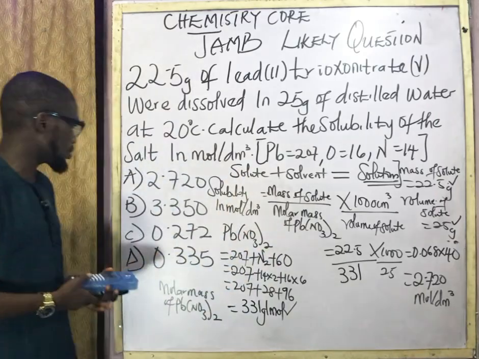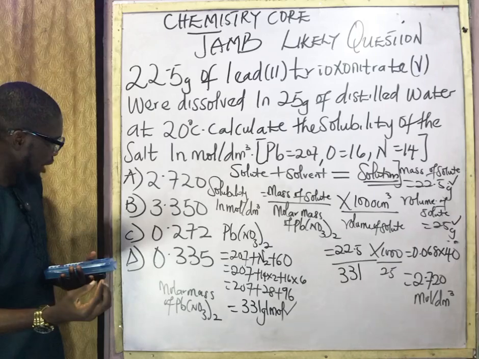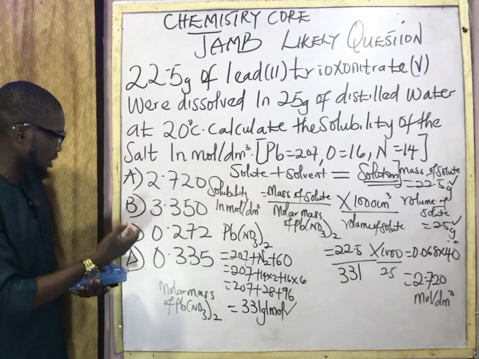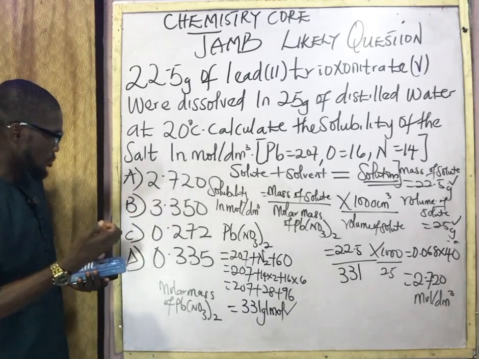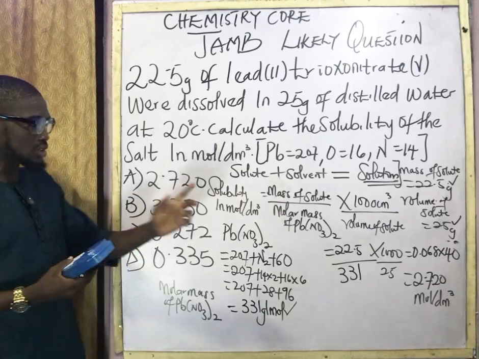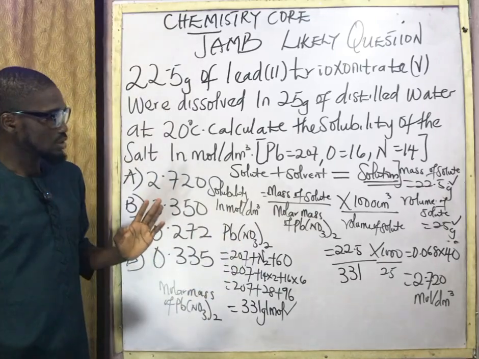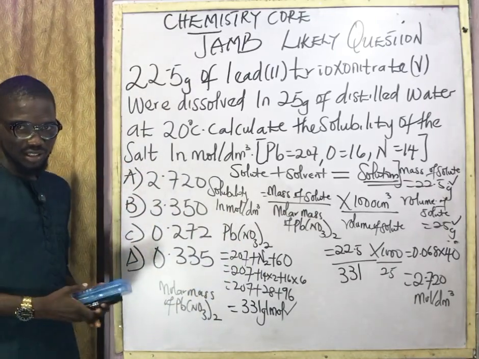Back to the options. Option A, we have 2.720. Okay, let's check option B. We have 3.350, 0.272, 0.335. If you take a look at what we have solved on the whiteboard with option A, they are the same thing.